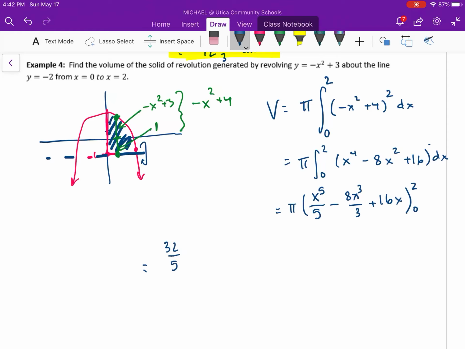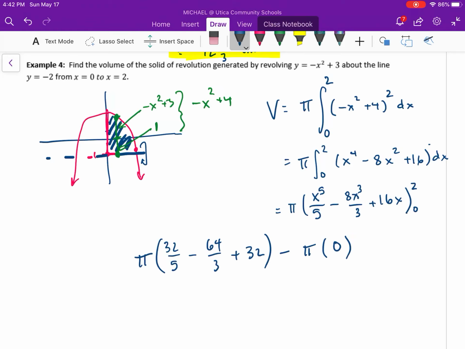When I plug in a 2, I get 32 fifths minus 8 times 8 is 64 thirds plus 32. Something I realize I missed now in the previous example was a pi. Forgot to multiply that out, so I'll go back and fix that. Minus, and then pi times, and when I plug in a 0 to all those, I get 0.